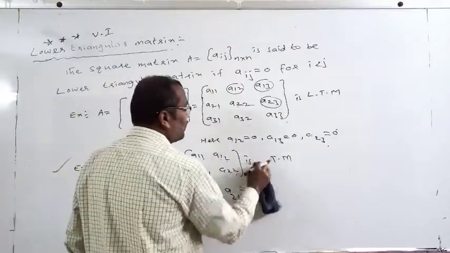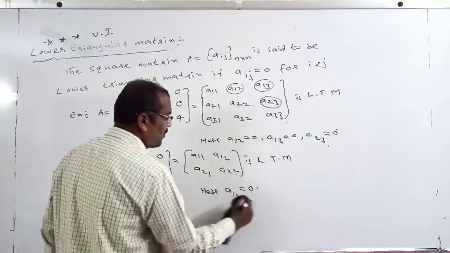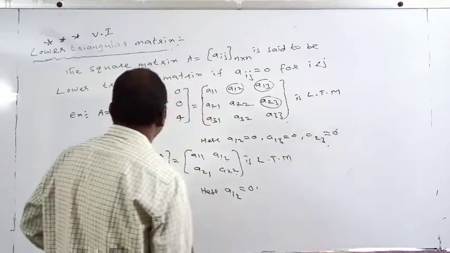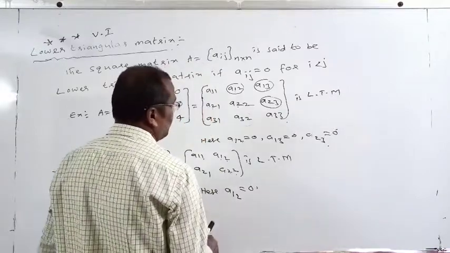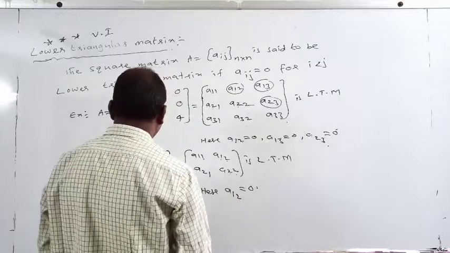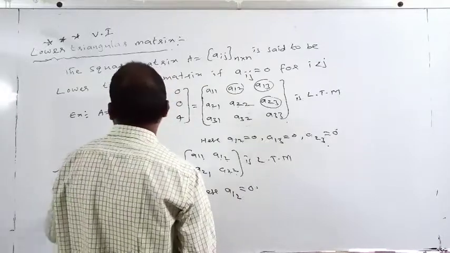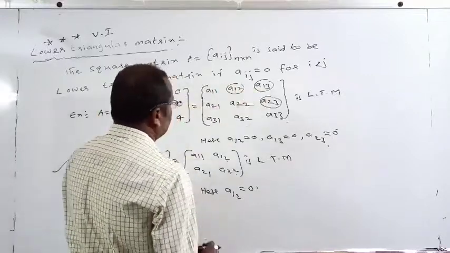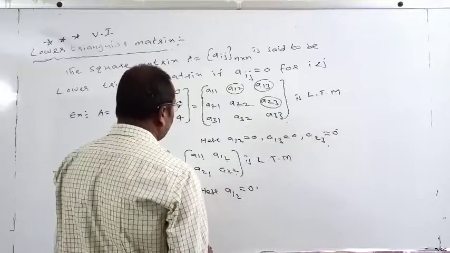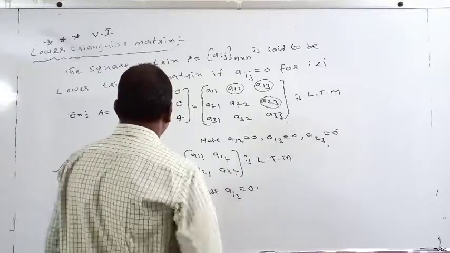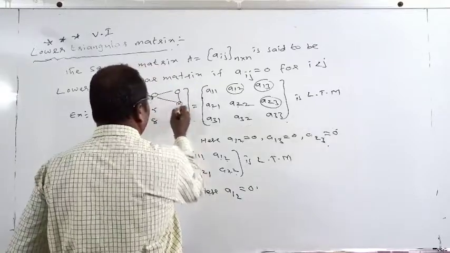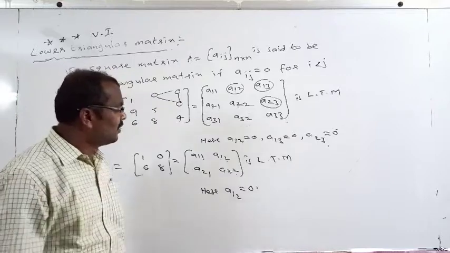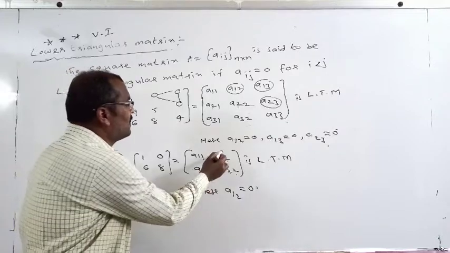Write one more example: a square matrix A is said to be a lower triangular matrix if aij equals 0 for i less than j.